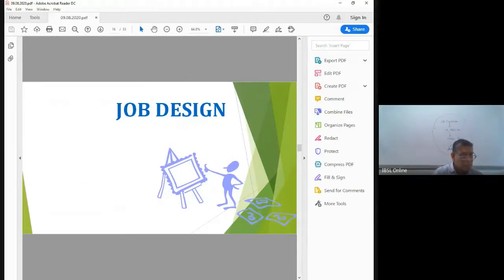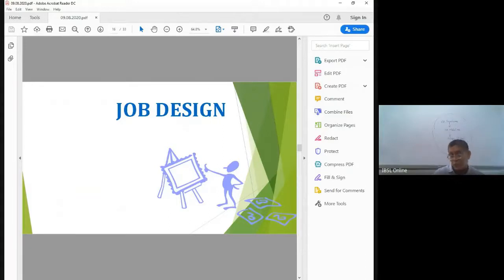What is a job? In an organization, you have different types of jobs. You see in your bank, you have different types of jobs. Why do you need different types of jobs in an organization? Because an individual person cannot perform all the activities required, due to lack of expertise, time or competence.